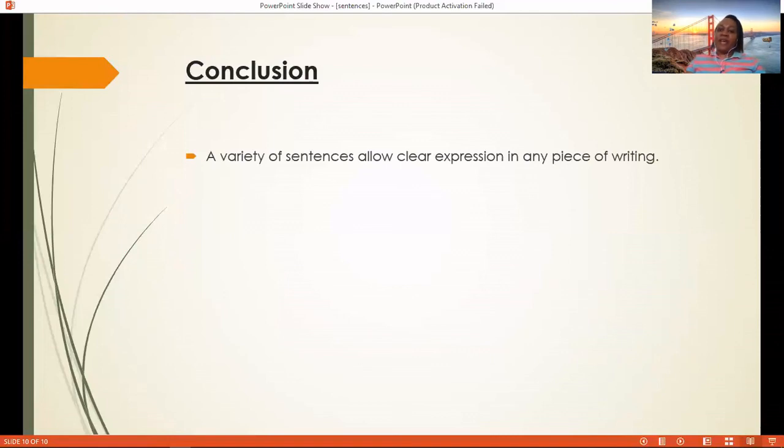And when you want to further explain your ideas, use the compound sentences and your complex sentences together. And what is key for us also as we go further is to be able to identify our different types of sentences from our statements, from our questions, exclamations, and even commands. Then we come to the simple sentence, the compound sentence, and the complex sentence.